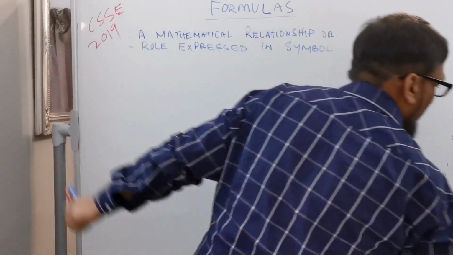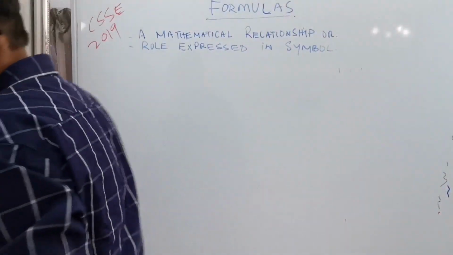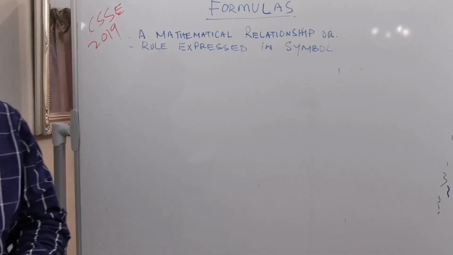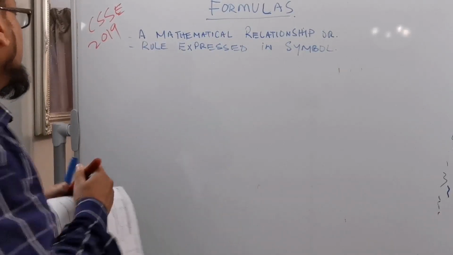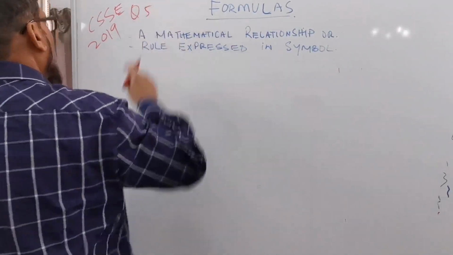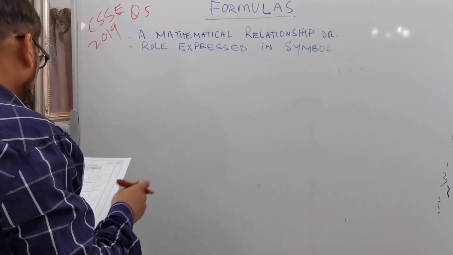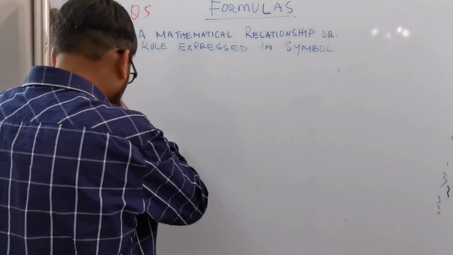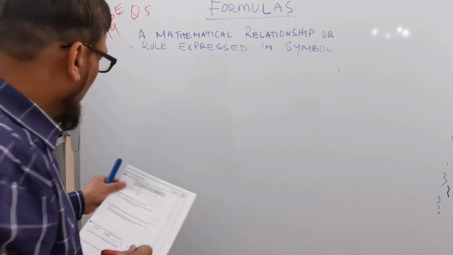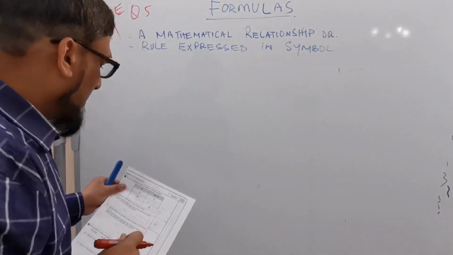The question number was number 5. CSSE 2019, question number 5, and the question says Sean is completing a table of values for the formula 4n minus 3.